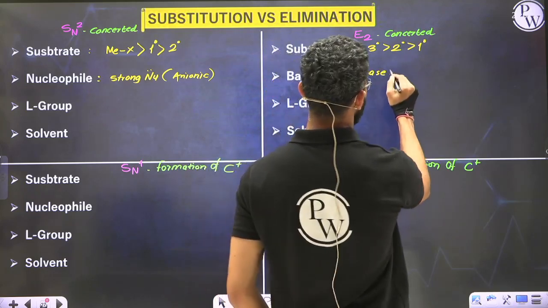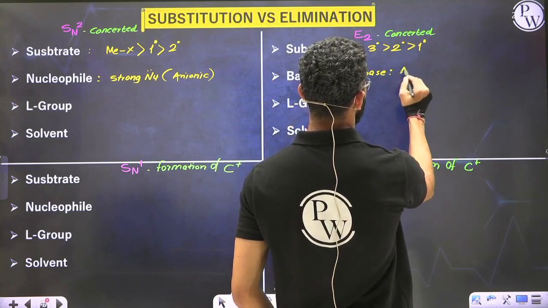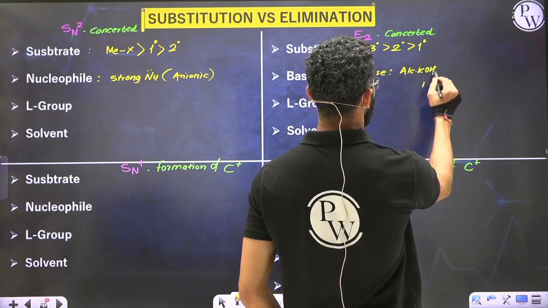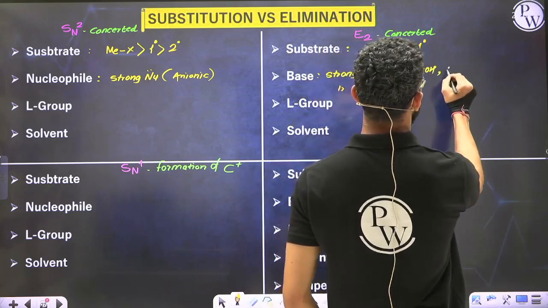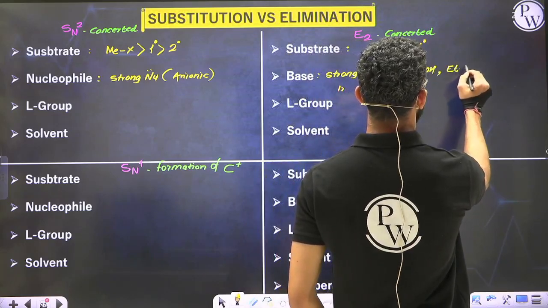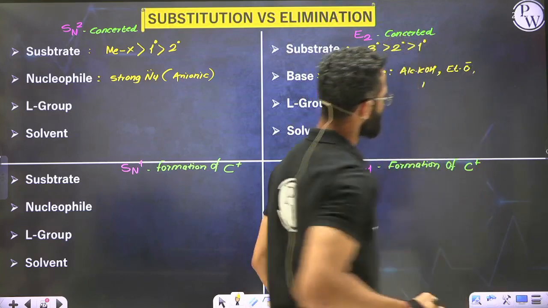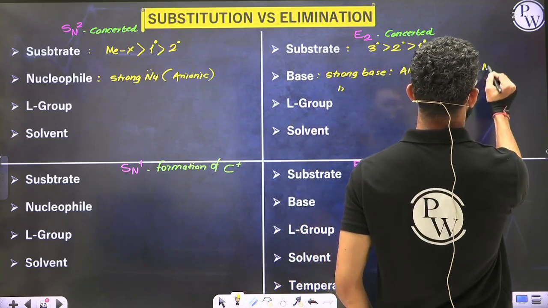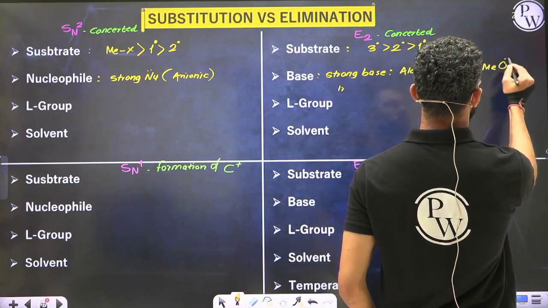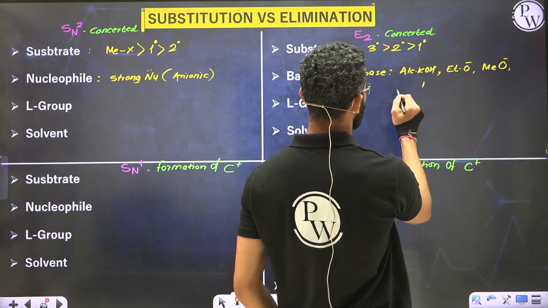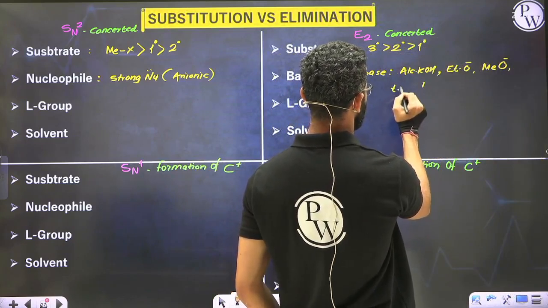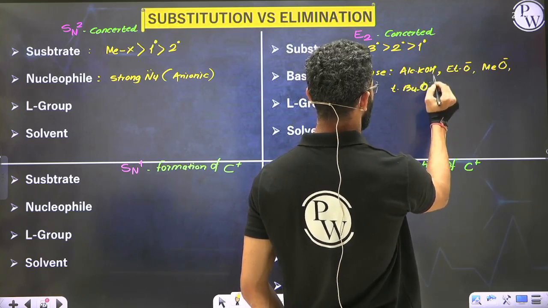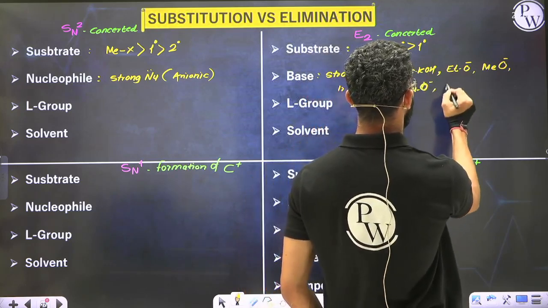Let's write it down. First one, you start with alcoholic KOH. From alcohol, you remember ethanol's conjugate base, that is ethoxide. From alcohol, you also remember methanol's conjugate base, that is methoxide. You also remember tertiary butyl alcohol's conjugate base, and finally sodamide.